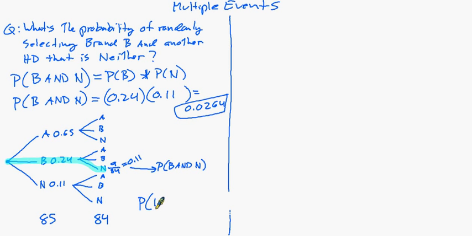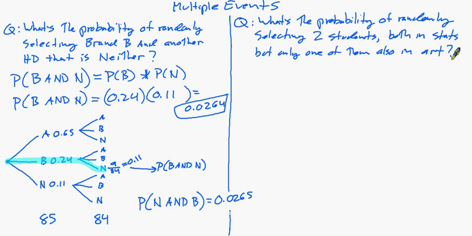An interesting question is, what happens if you drew the neither hard drive first and then the B? Would that make a difference? And the short answer is no, not really. And again, if you were to go farther out with your decimal places, these numbers actually become the same. So it actually doesn't make a difference what order they come in.